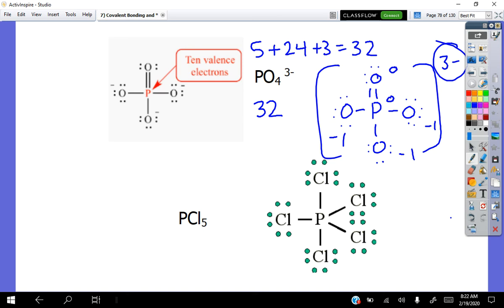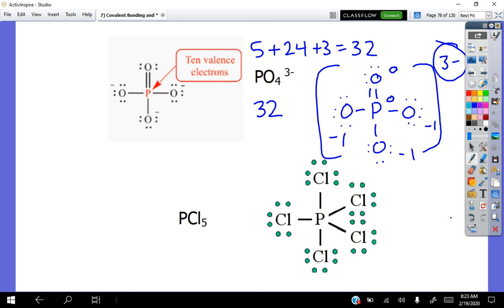This also typically occurs whenever we've got atoms bonded to the central atom that are more electronegative. So oxygen is more electronegative than phosphorus, so it's pulling electrons away from phosphorus, even though it appears that 10 electrons are being bonded to that central atom.